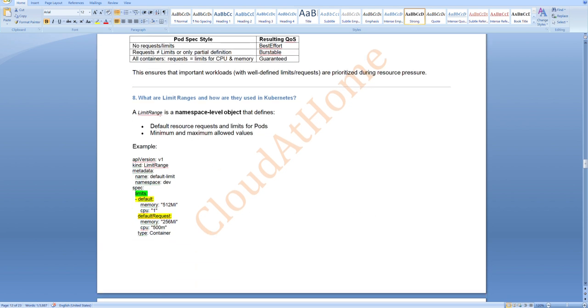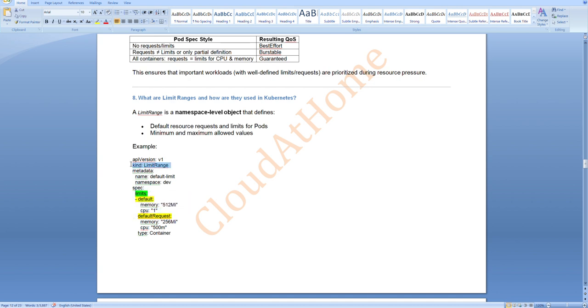Okay, so limit range is a namespace level object that defines default resource requests and limits for the pod, and the minimum and maximum values allowed. In this case, when we are defining the limit range, we are not giving resources and limits here.